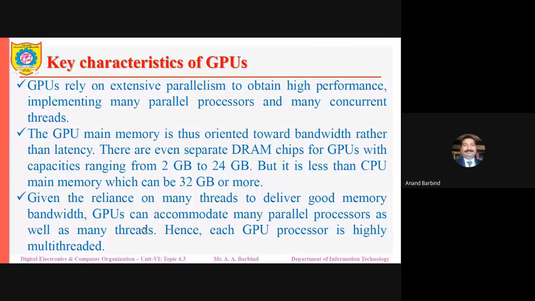Because it supports many threads, it has many parallel processors, and these threads can be assigned to a parallel processor, because more or less the graphics operation to be executed for a group of fragments is the same for all.